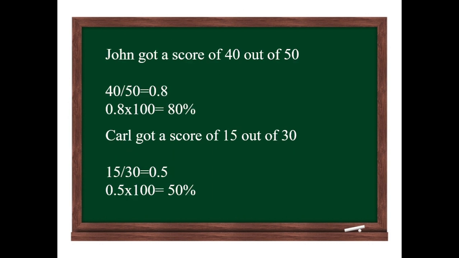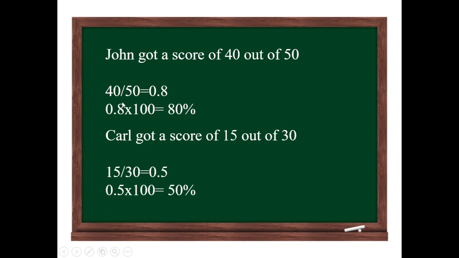Now, we have two examples here. Number one, John got a score of 40 out of 50. Now, the computation in raw and percentage scores: this 40 represents the score.